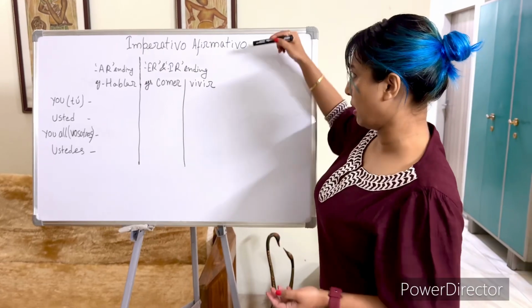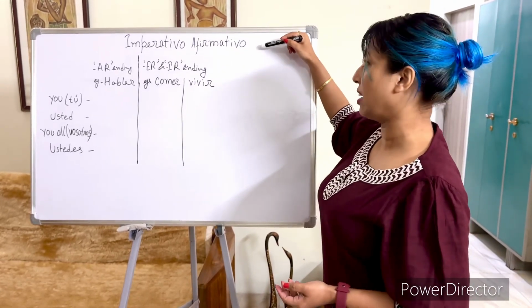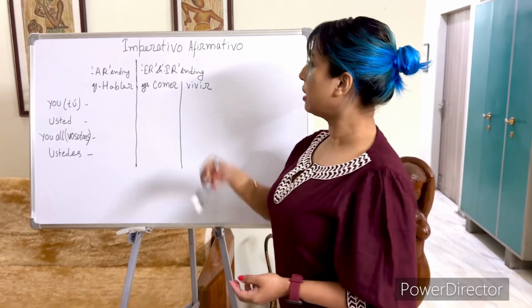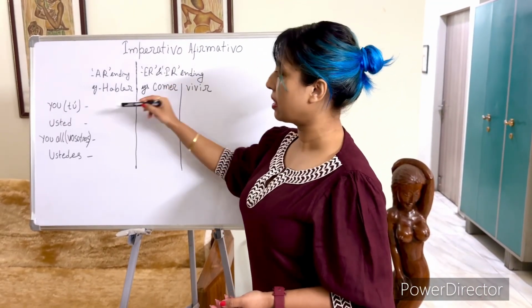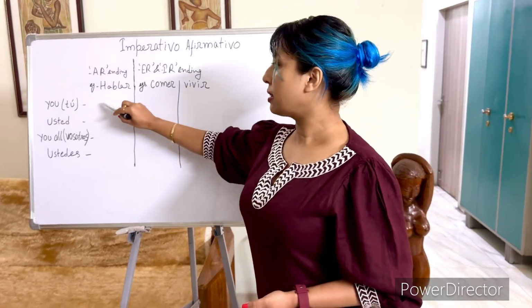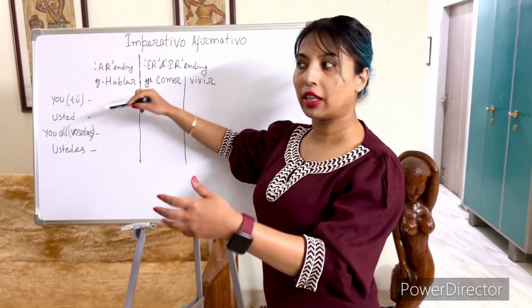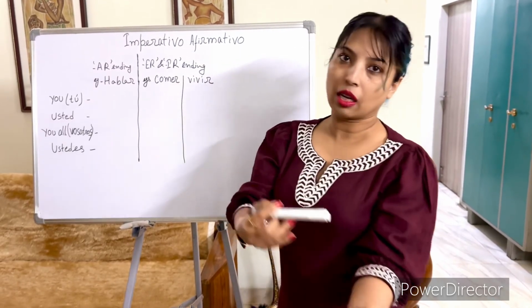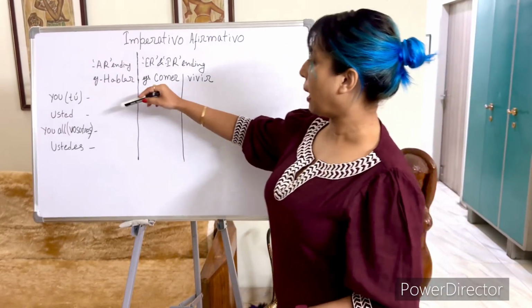So you can ask people you respect to do something for you with respect. In Spanish, in imperative affirmative sentences, there will be 4 conjugations. First, second person singular tú, when you don't want to give respect, when you are talking to your friend or someone younger than you.